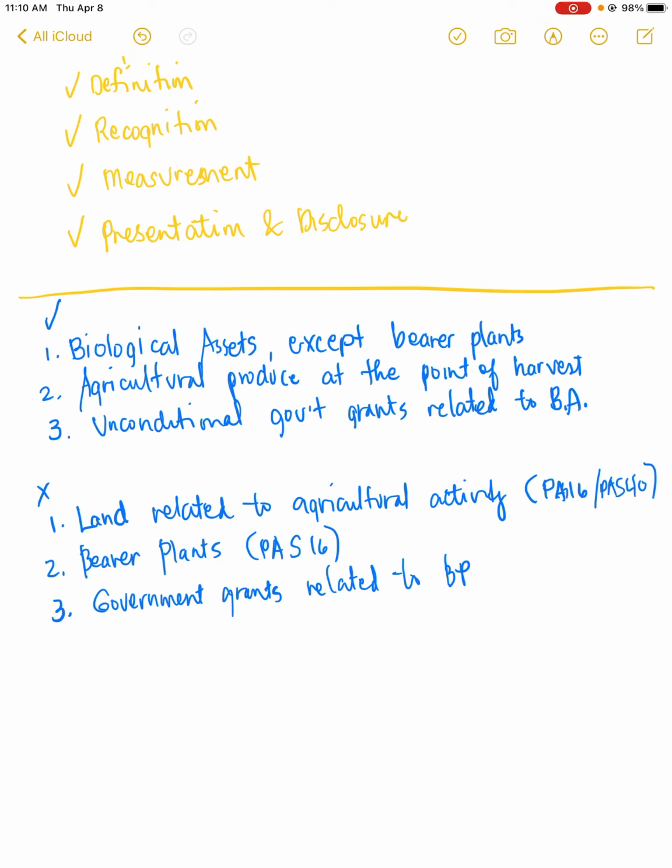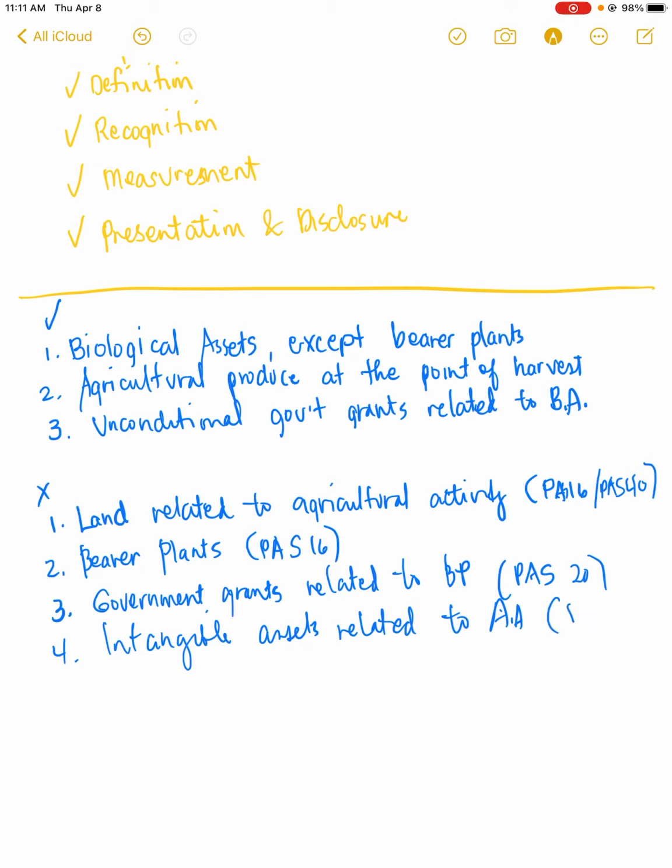Okay, so PAS 20 ang covered po ng government grants related to bearer plants. And number 4, if there are intangible assets related to agricultural activity, this is not covered also. Instead, it will be covered under PAS number 38, which is the particular standard for intangible assets.